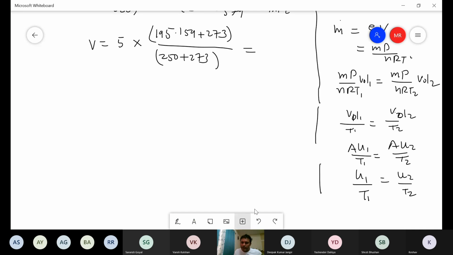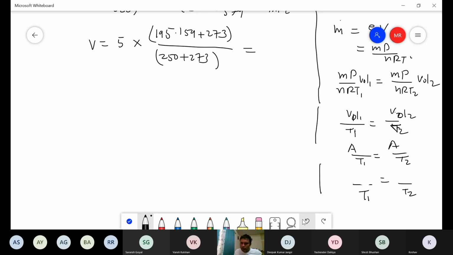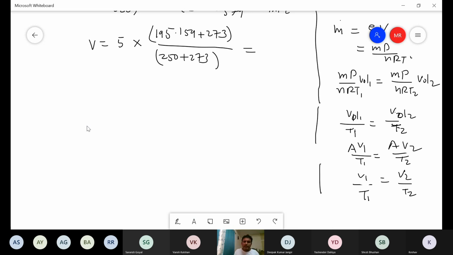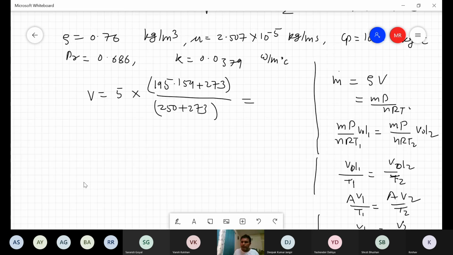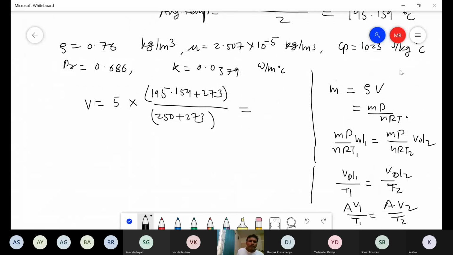So this is the relation here: V1 by T1 equals V2 by T2.